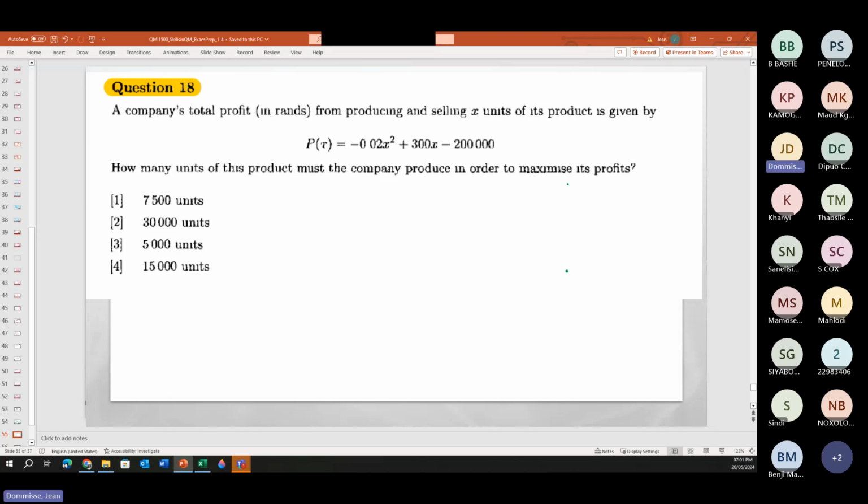Okay, so total profit. This function is negative, so it looks something like this.